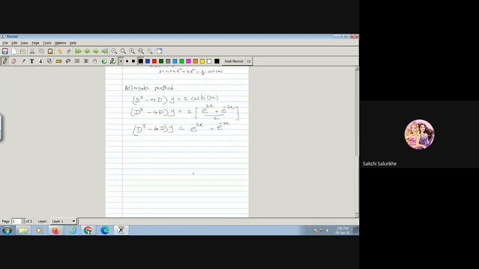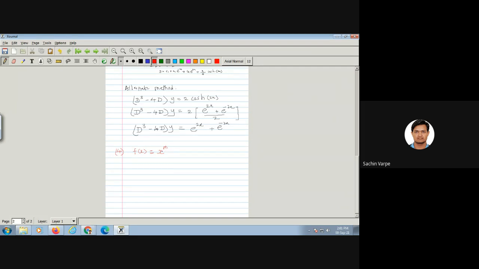Okay. Now the next is case 4. When fx is a polynomial function of the form x raised to m, where x is independent variable.